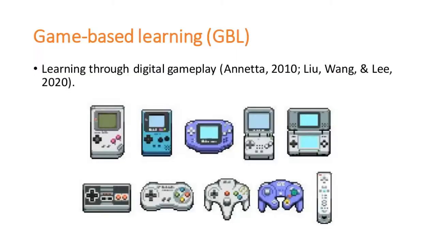And to help them develop such skills, we try to develop game-based learning. It means helping students develop information literacy through the process of digital gameplay. There are three main modes of gameplay. One is solo mode, maybe the most common one. It means that students just play the game independently without much interactivity with others.